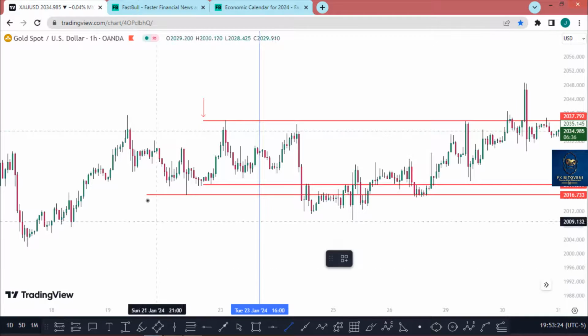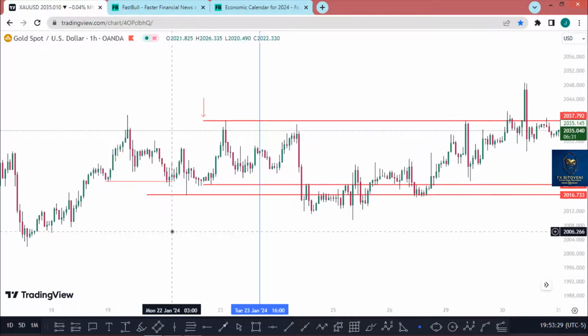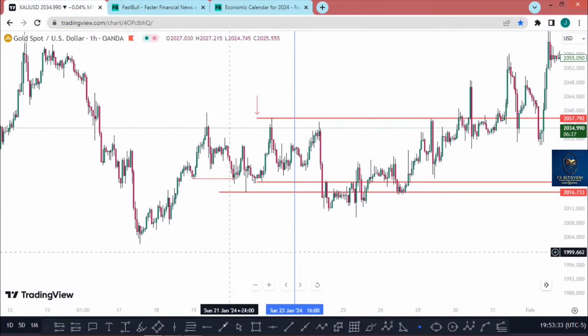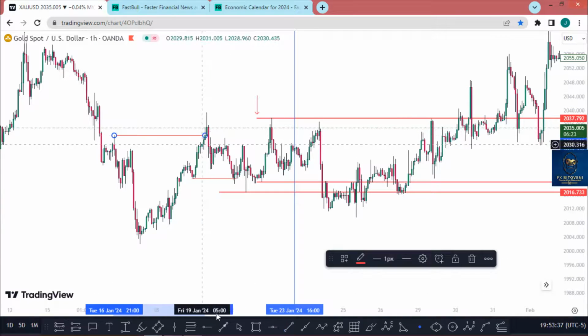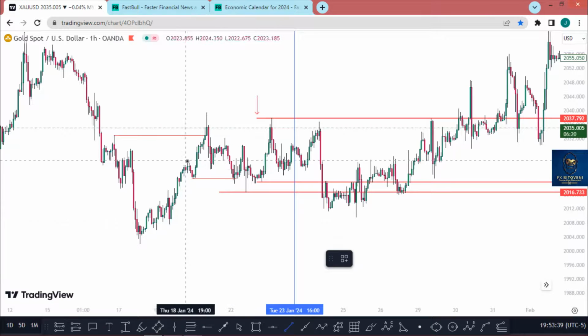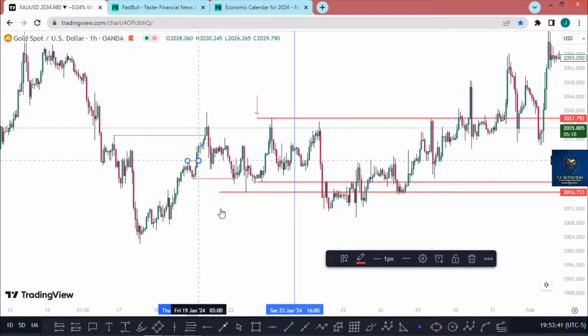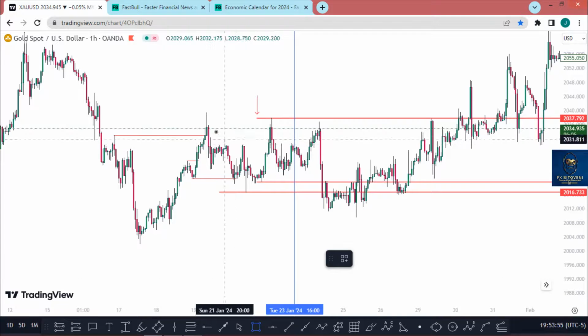I will see what? I will see a break of structure here. As you can see, I have a break of structure. And look at the liquidities that were taken here, even here. So we have taking liquidity on both sides, taking liquidity and then break of structure, as you can see. So the first move was here.